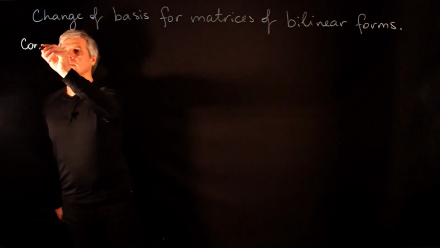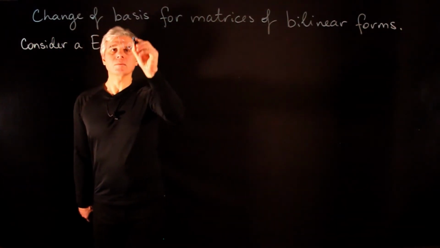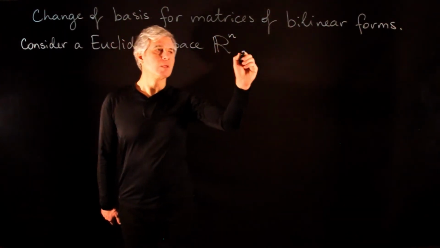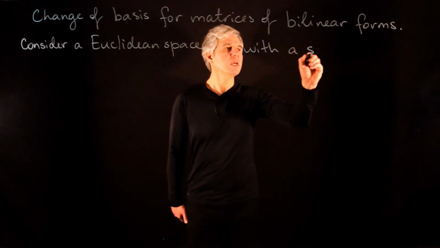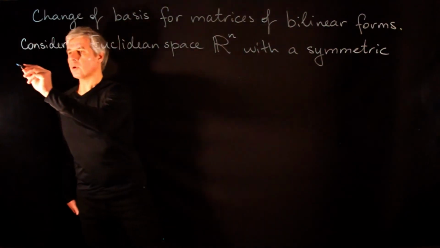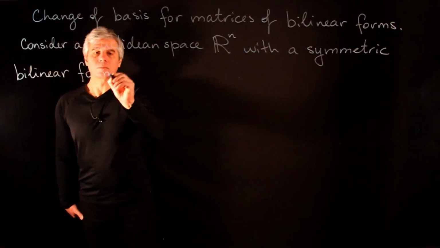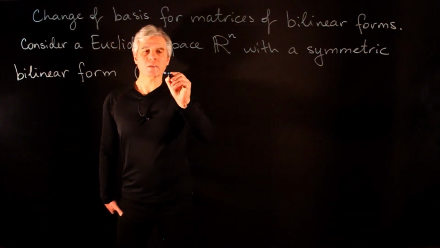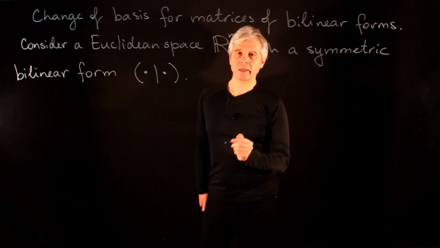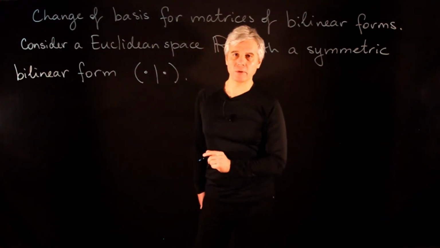We consider a Euclidean space Rn with a symmetric bilinear form that we denote by round brackets. So this means that on Rn we have the dot product, and in addition to the dot product we also have one more symmetric bilinear form.